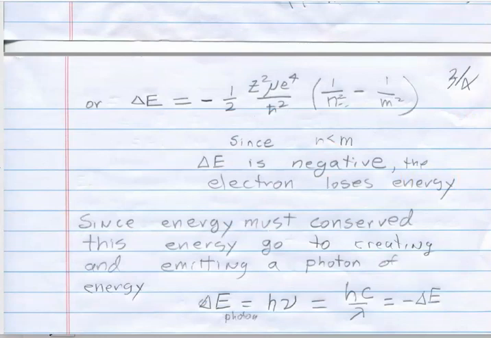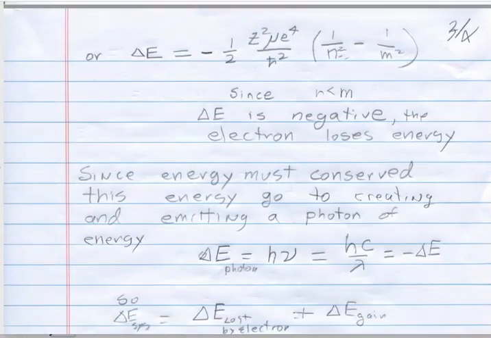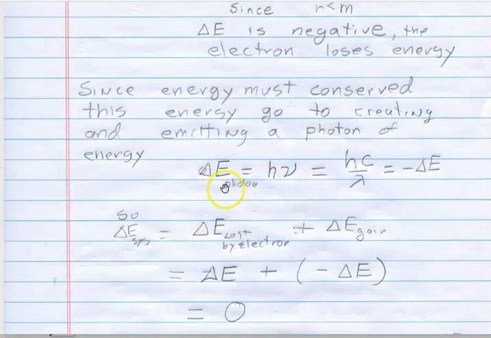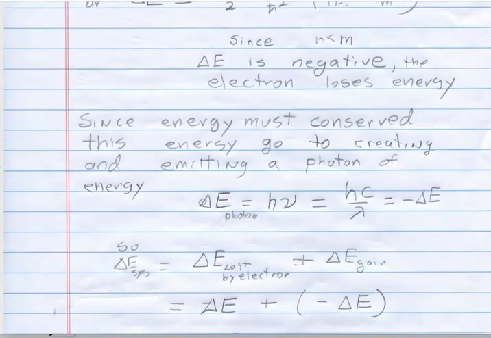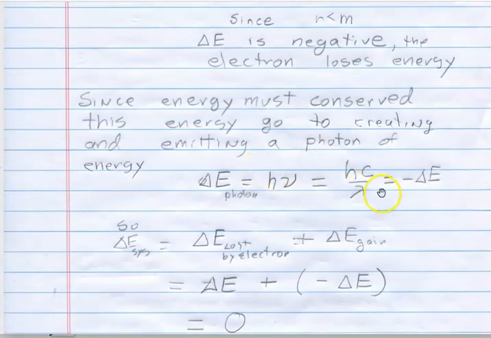But since energy must be conserved, this is one of the fundamental laws of the universe, it is conserved by letting all of this energy go into creating and emitting a photon of this amount of energy. I usually call this delta E a photon. It's going to be h times the frequency of the photon, or hc over lambda. And all of the energy that was lost by the system up here gets gained by the photon.